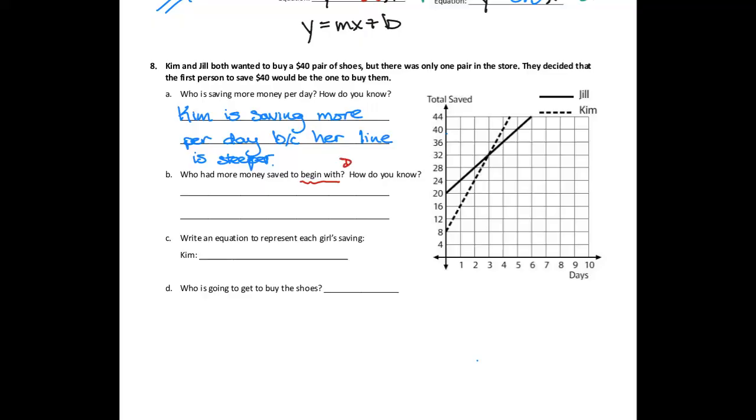We're talking about day 0, okay? Y-axis, that is correct. So, who had more money to begin with? That would be Jill. Excellent, yes. Jill has more money to begin with.